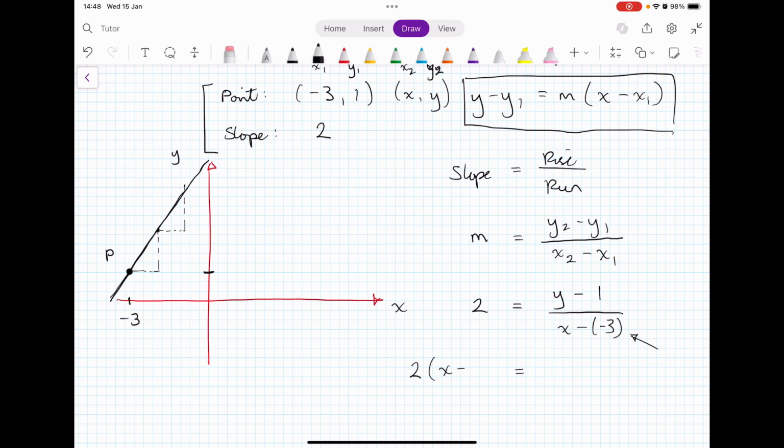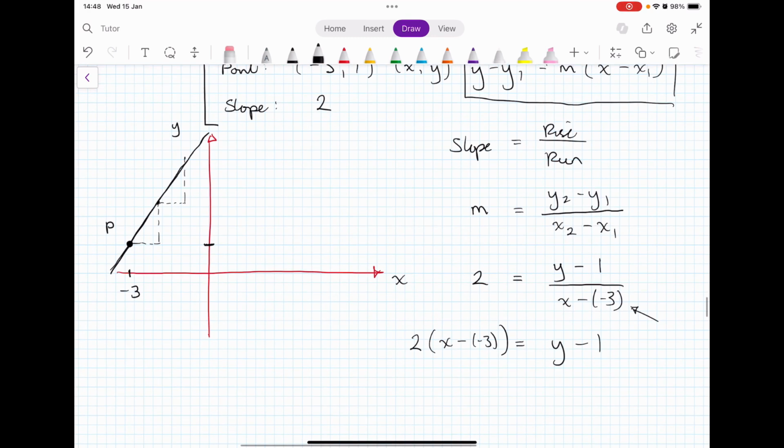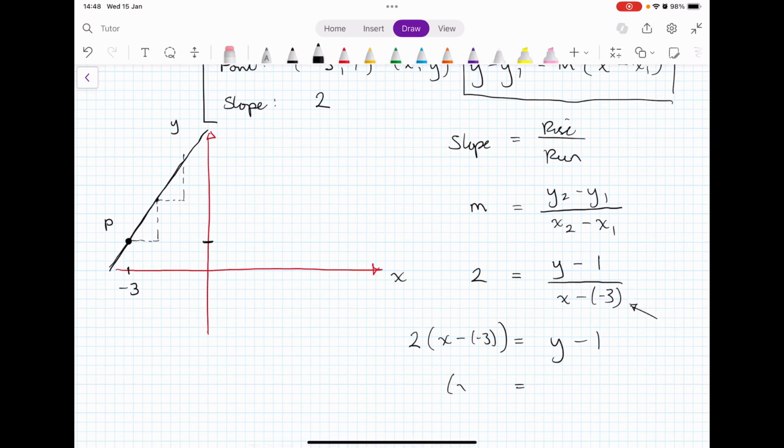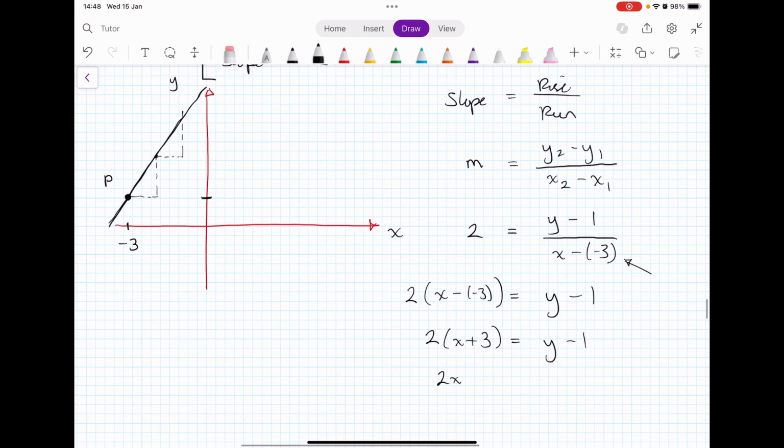Otherwise, you could move it across the equal sign, so divided by x minus 3 becomes multiplied by x minus 3. So 2 times x plus 3 is equal to y minus 1. Simplifying further, 2x plus 6 is equal to y minus 1.